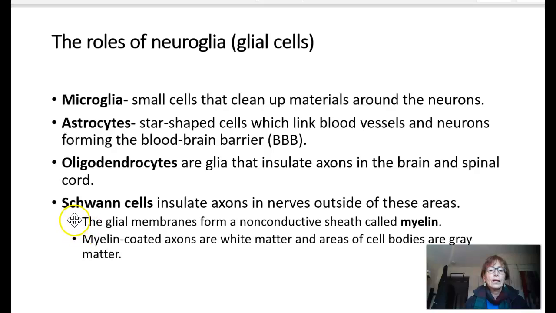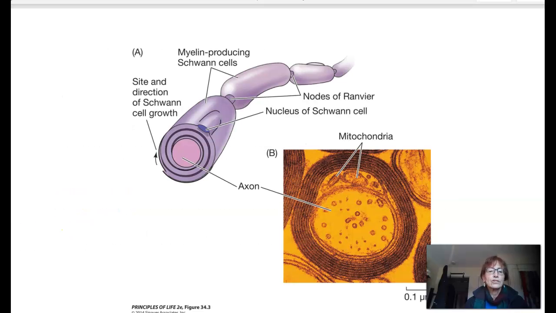Here are some of the classic ones we've talked about and some of the details with them. Remember that oligodendrocytes have a counterpart in the peripheral nervous system. We call them Schwann cells. They both form myelin, but the Schwann cells do it by individual cells wrapping around.